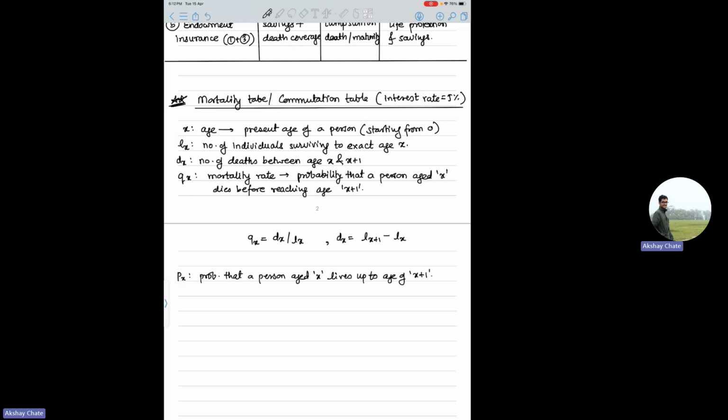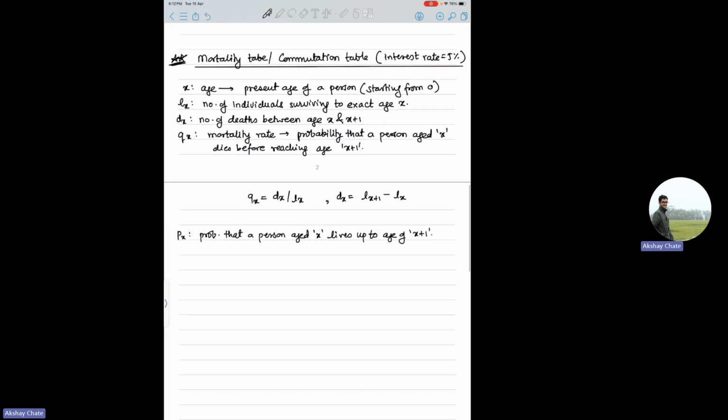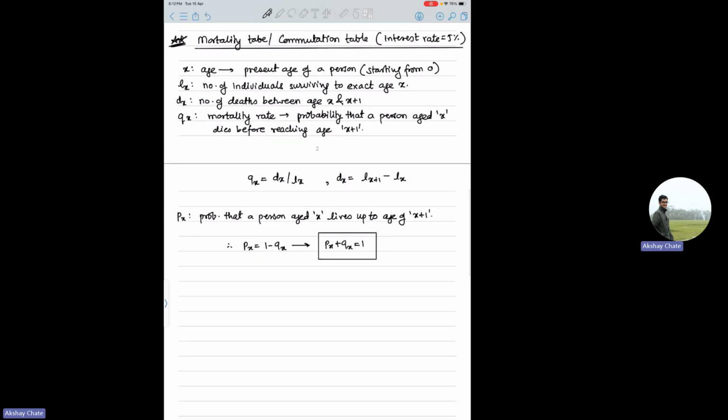So he lives for one more year. And then you can see this px will be nothing but 1 minus qx, because these are complementary events. This gives you a very important correlation. I think this is your assignment question also for the 12th week. So the mortality rate and the rate of survival add up to 1.